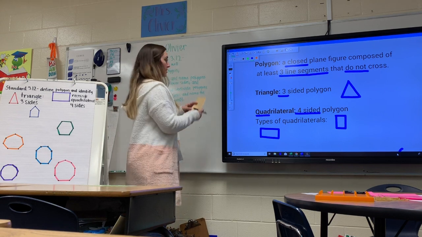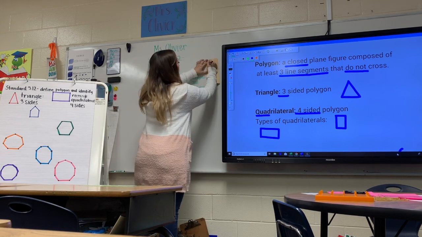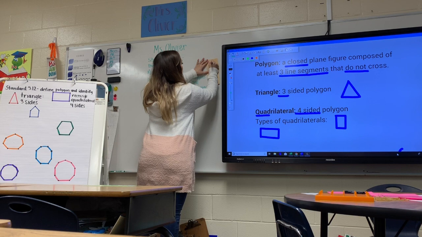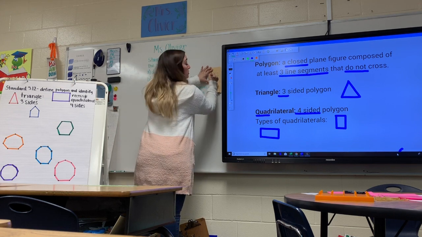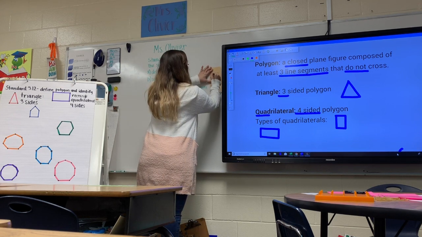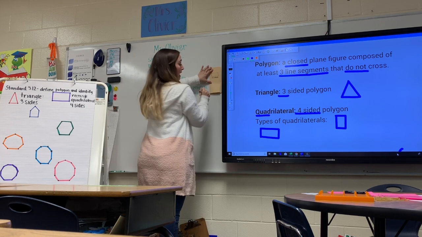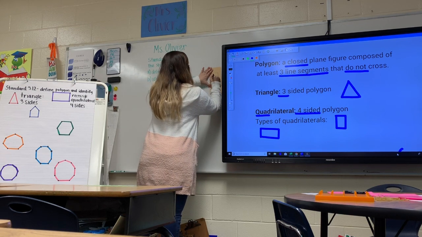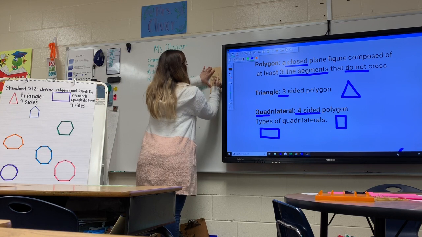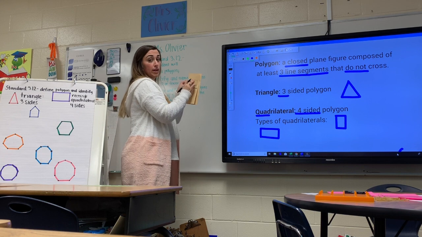Very good. So what I'm going to do is I'm going to draw my smartboard, okay? I'm going to label what it is. Now I'm going to write both definitions so I can remember. And at the top, I'm going to write what this item is.